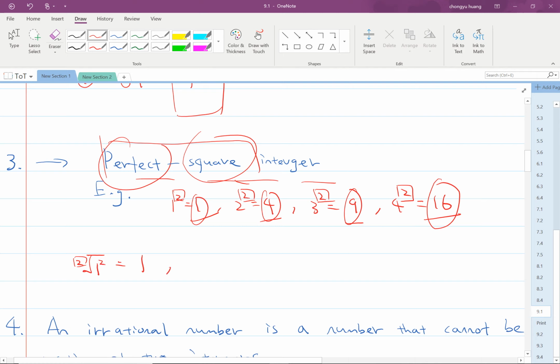Let me give you one more example. We have 4 equal to 2 to the power 2. As you can see, the root is equal to 2, right? So we can find the square root of a perfect square integer really easily, right? That's why I say it's quite important.